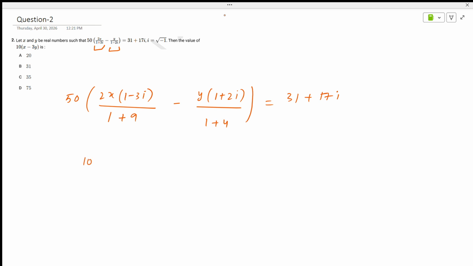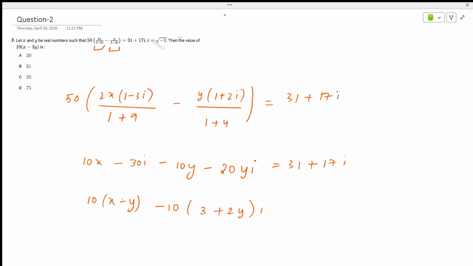So 10 5s, 5 2's 10, 10x minus 30i, minus, here we'll get 5, 5 2's 10, so 10y minus 20y i, equal to 31 plus 17i. So you're left with 10 of (x minus y) minus i of (30x plus 20y) equal to 31 plus 17i.